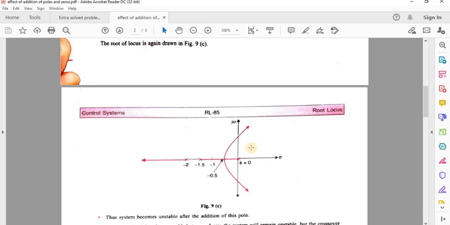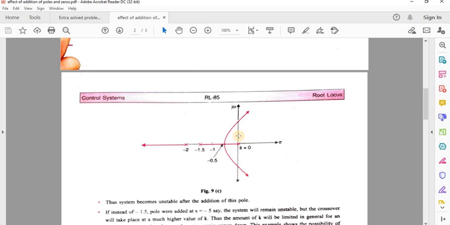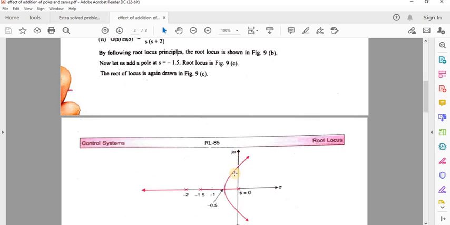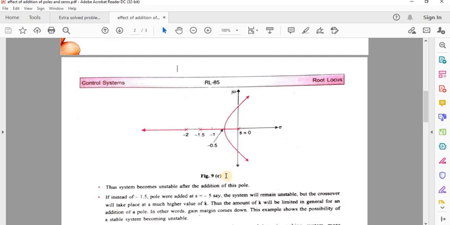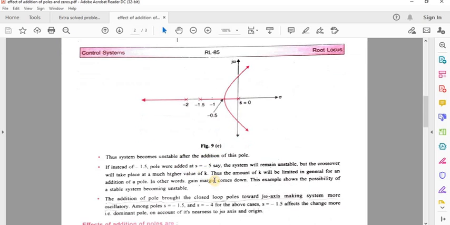Okay, so you can see here there will be an intersection with the j omega axis. So the root locus tends to the positive real axis. Okay, this makes the system unstable after the addition of the pole.